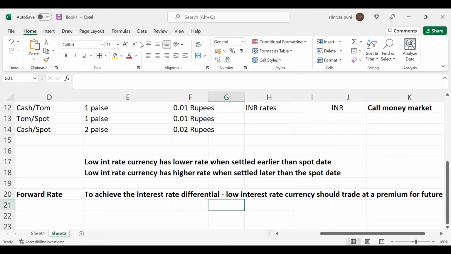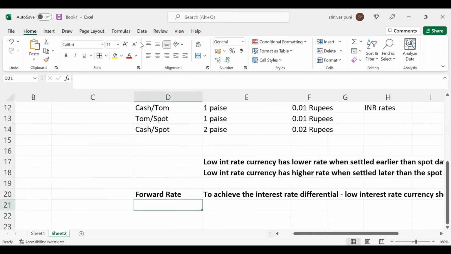Now, let us understand this concept in a bit more detail with respect to other currency pairs. I'm talking about dollar rupee here, but what about other currencies? To grind this concept well into your minds, you need to understand this with respect to other currencies also, so that you can appreciate it for all currencies, not just dollar rupee.